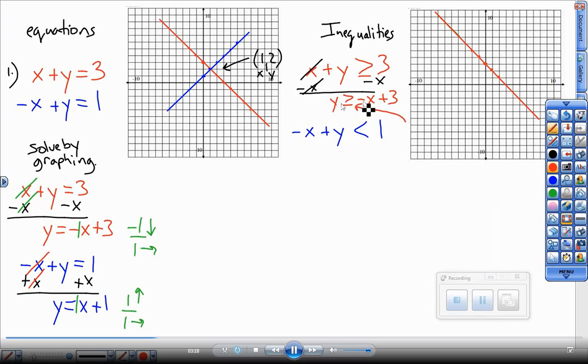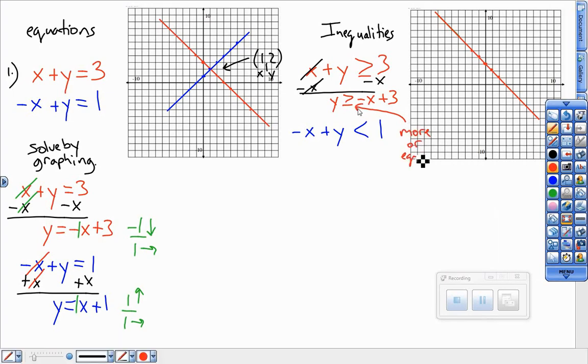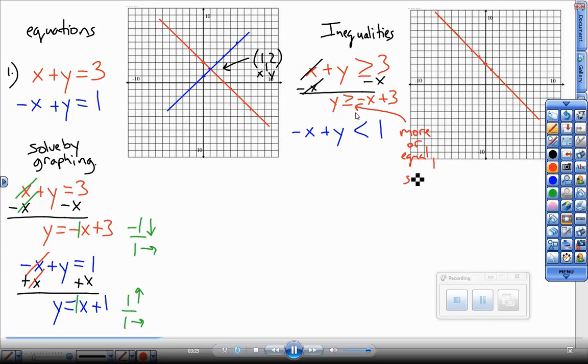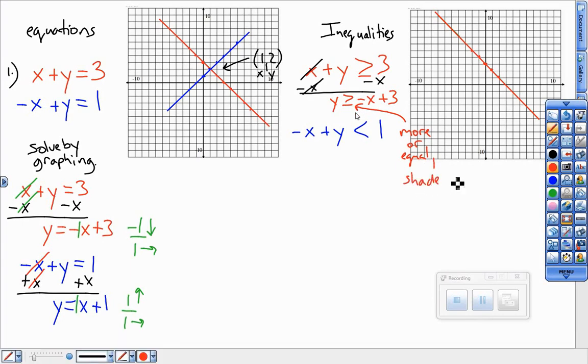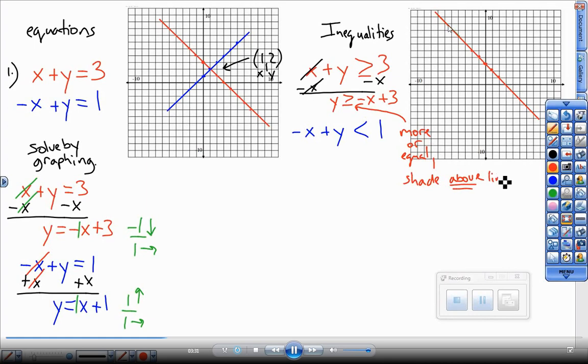To me, more than means no matter how the line's drawn, shade all the region above it. More than, shade above. So for this inequality, all the points above this line are coordinates that I could plug into this inequality and give me a number more than or equal to 3. Every one of these coordinates. Plug in 4, 4. 4 plus 4, 8. More than 3, yes. Any of these points are good.